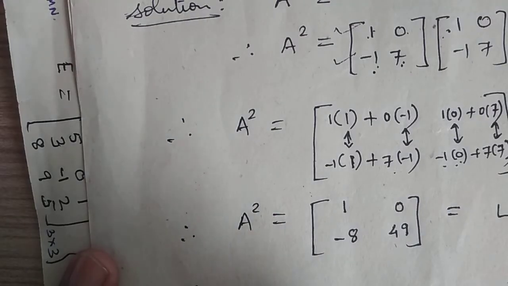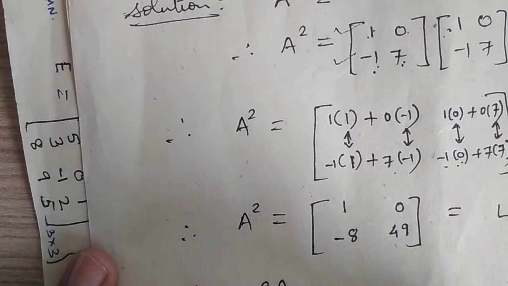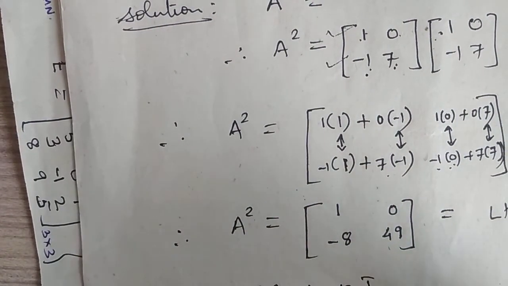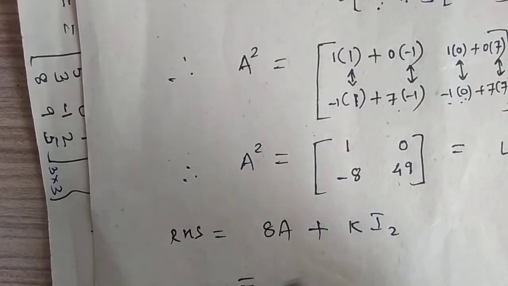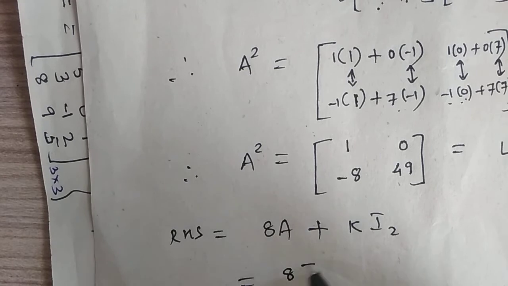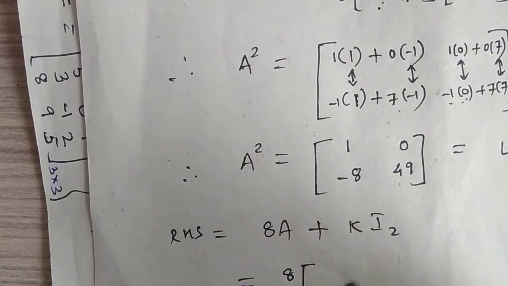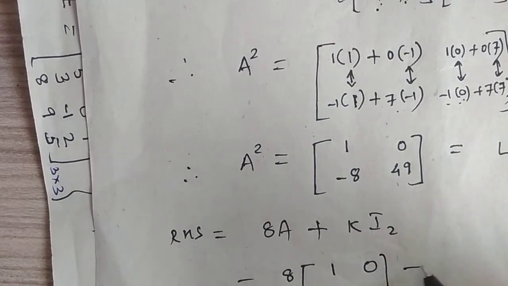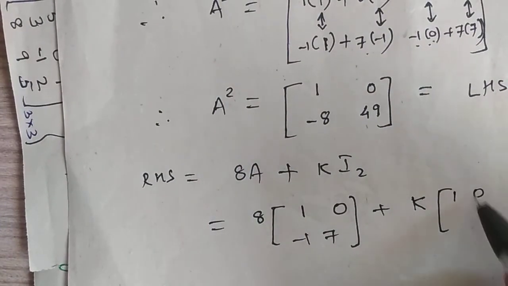Now the RHS is basically 8 times A plus k times I2, so 8 times [1, 0; -1, 7] plus k times I2, which is [1, 0; 0, 1].